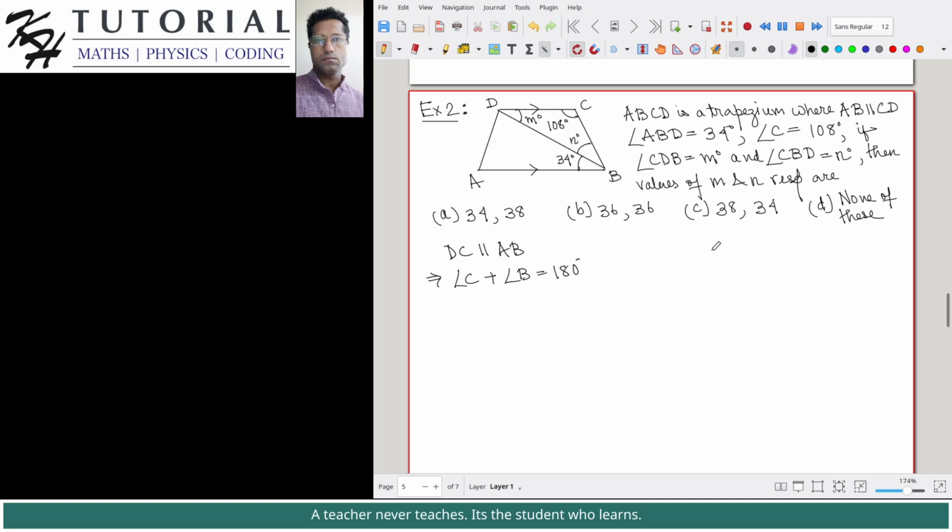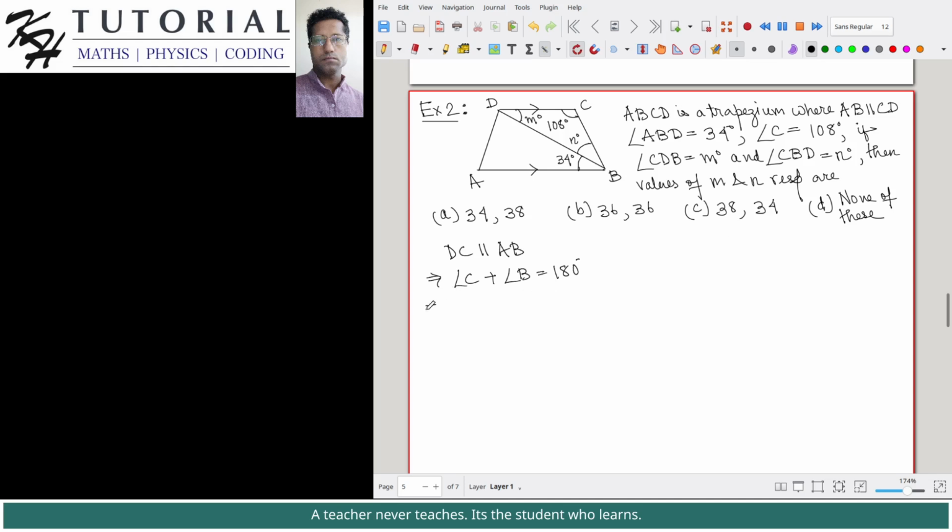We know that in a trapezium, there are two pairs of adjacent angles which are supplementary to each other. In this trapezium, one pair is angle D and A and the other pair is angle B and C. So we have angle C plus angle B is equal to 180 degree.